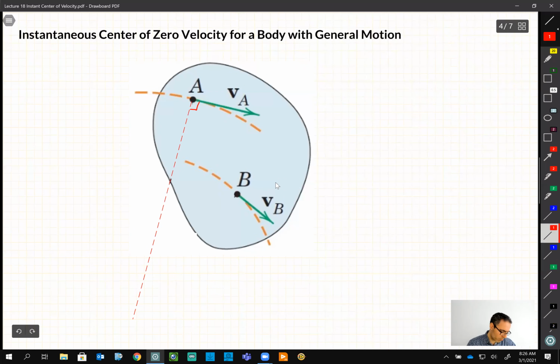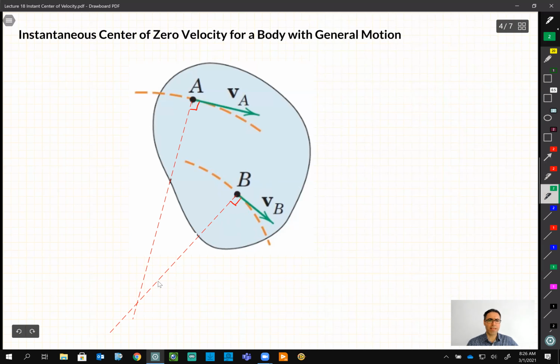We'll do the same for point B. We know point B's velocity also has to be perpendicular to this line, like this angle is 90 degrees, right? And the center of this circle that point B is moving on has to be on this line.